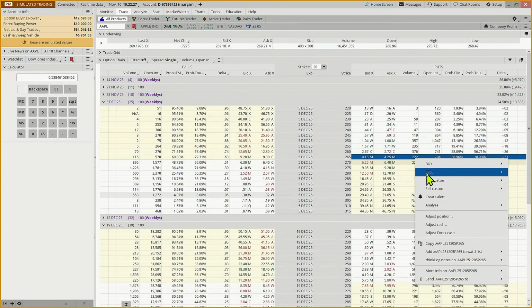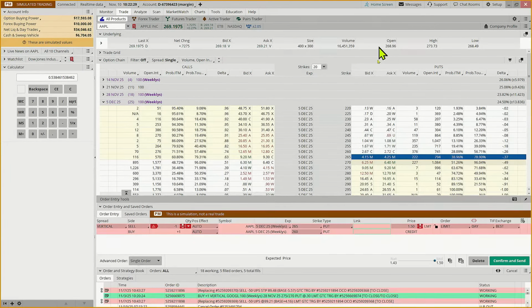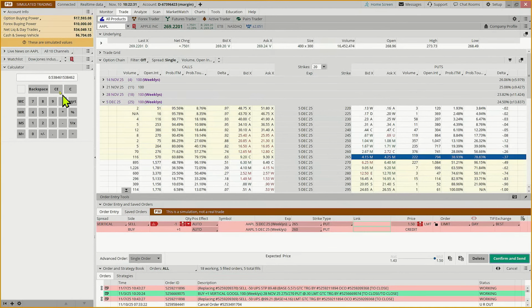And if we look at selling our vertical, $1.50, well, we now know 150 divided by 350 is 40-some%, 42.8. So that meets our criteria.